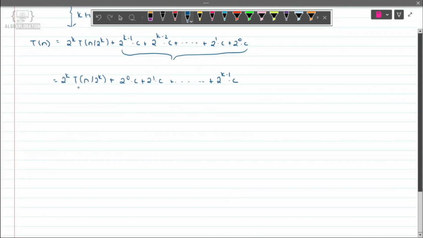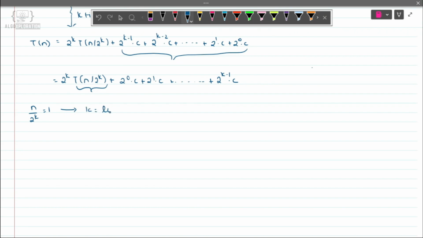Now actually we have to eliminate this function. So let's say T(n/2^k) equals T(1), which equals 1. Why 1? Because of the termination condition. So here the value of k will be log n base 2.